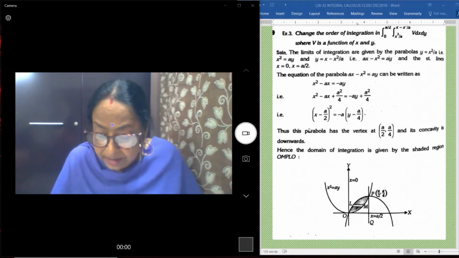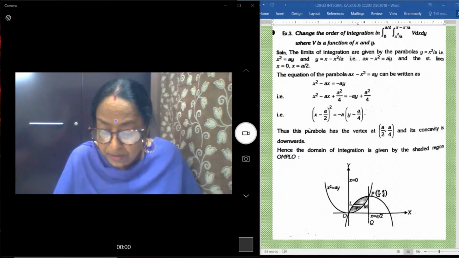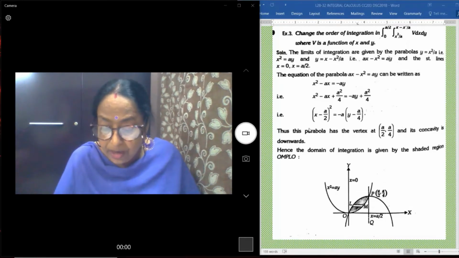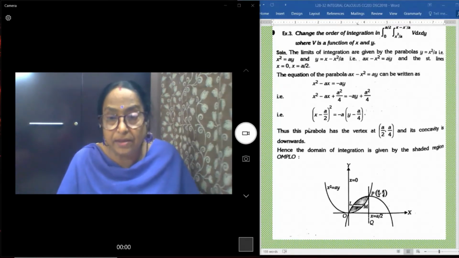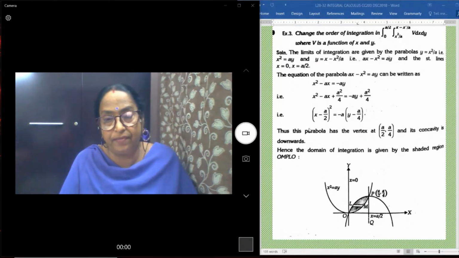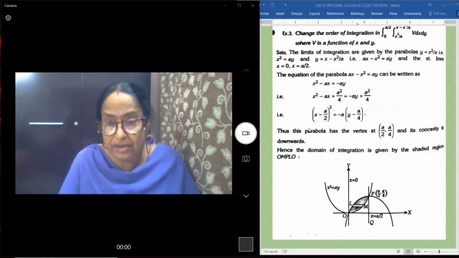And again another one is y is equal to x square by a. So x square is equal to ay. There is no negative sign, so it will be an upward facing parabola, which passes through the origin.